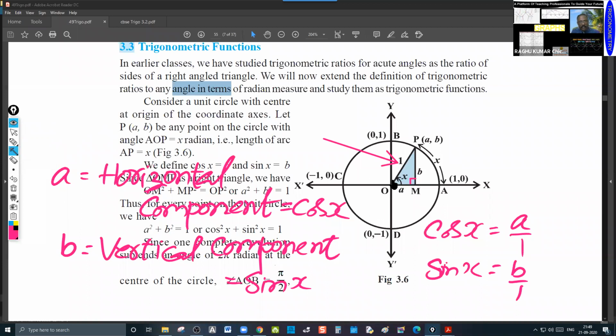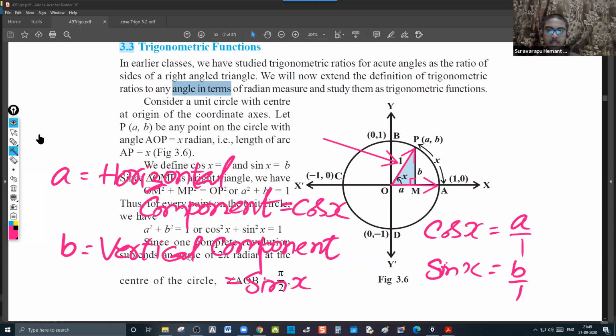Just understand what I'm explaining. This is OP. Because of this OP only, there is an angle formed here. What is the angle? X here. For example, this X becomes 0. What happens to OP then? OP comes down and coincides with OA. Do you accept this if X becomes 0?